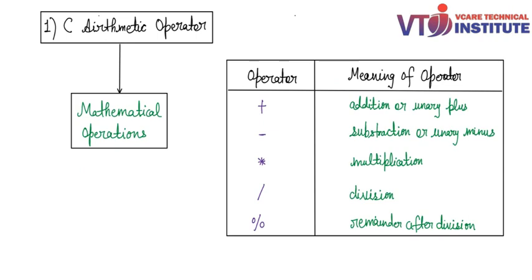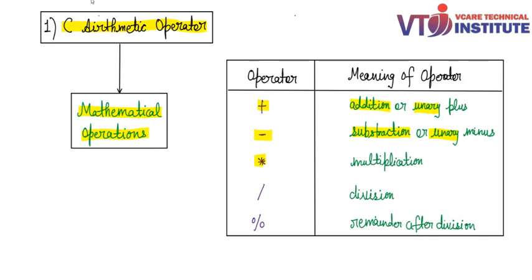So first of all, there is the arithmetic operator. What the arithmetic operator does is just mathematical operations. What kind of operations? Plus, which is addition or a unary plus, then minus, subtraction or unary minus.